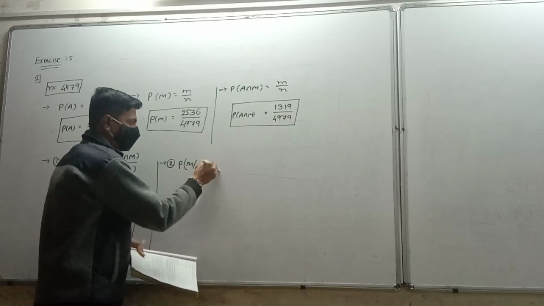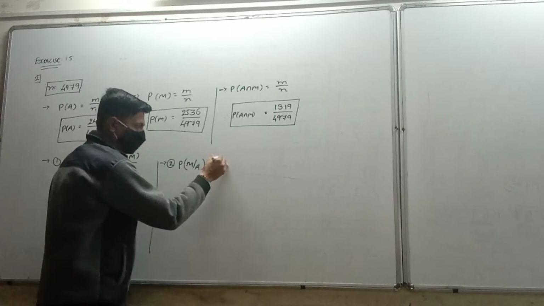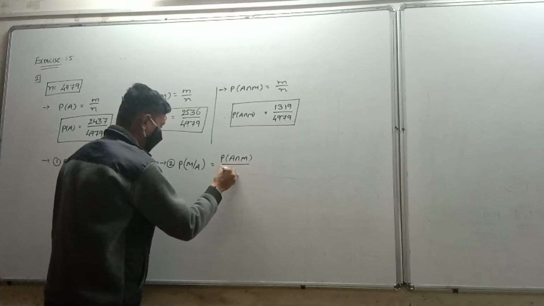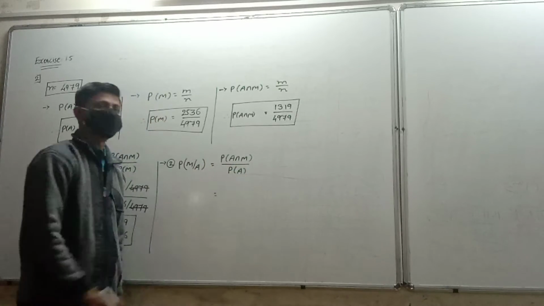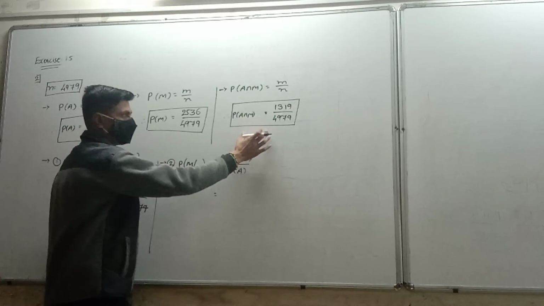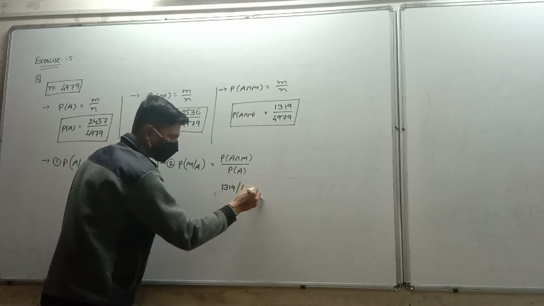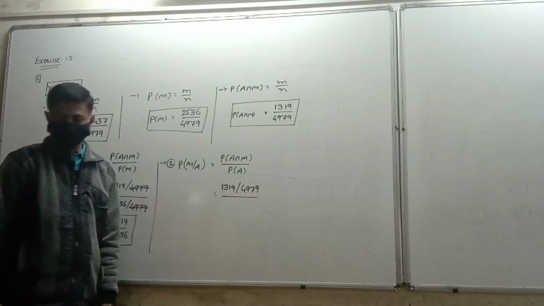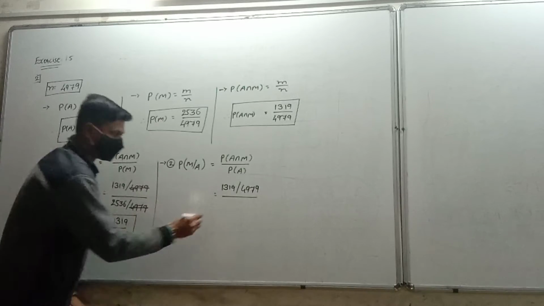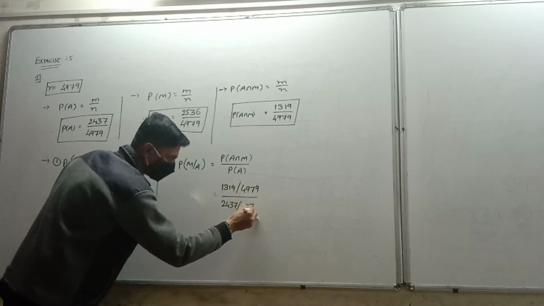P of M given that of A is equal to P of A intersection M upon P of A. Putting values, A intersection M 1319 upon 4979 divided by P of A, 2437 upon 4979.